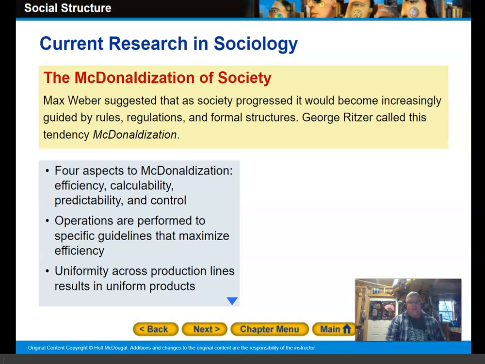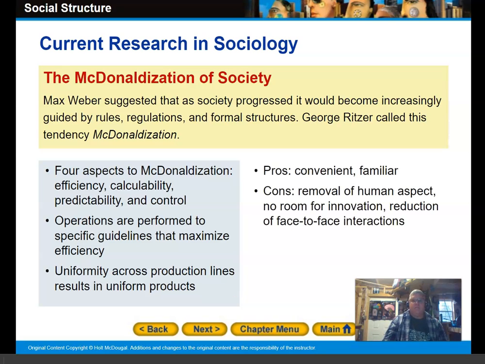There are four aspects to McDonaldization: efficiency, calculability, predictability, and control. Operations are performed to maintain specific guidelines and maximize efficiency. Uniformity across production lines results in uniform products.